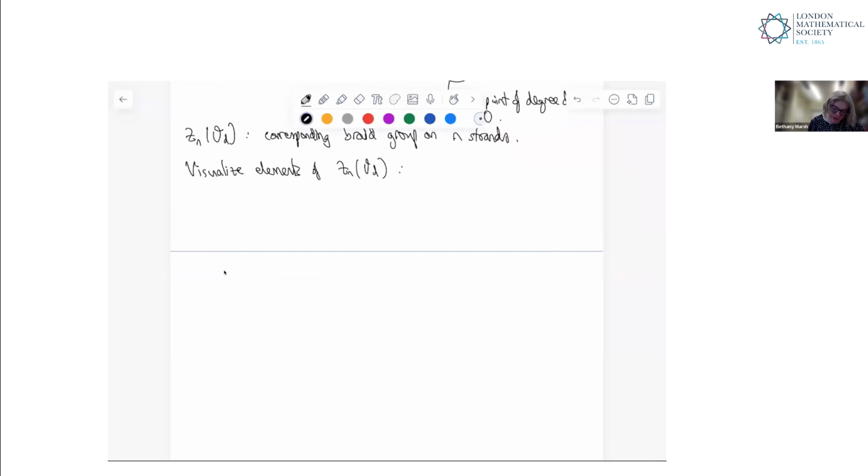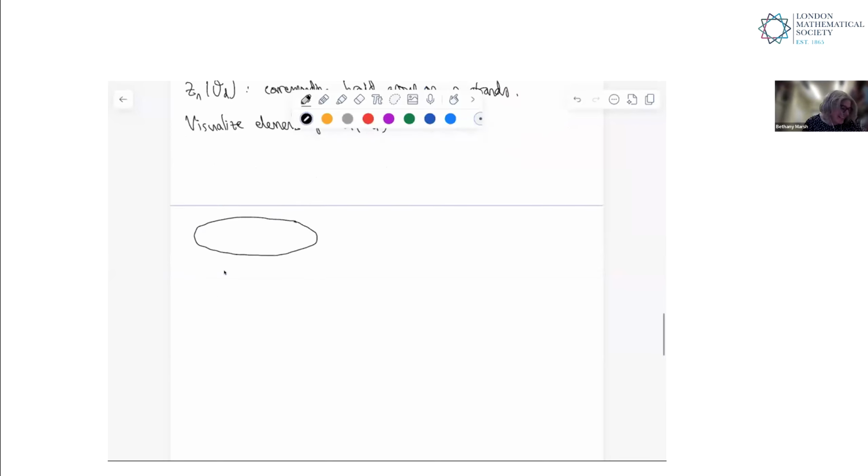Okay, and this is perhaps where having this hand slide is an advantage, for sure. So I'm going to draw two copies of our orbifold, which is just the disk with this point in the middle. So this is actually the space we're interested in, cross [0,1].